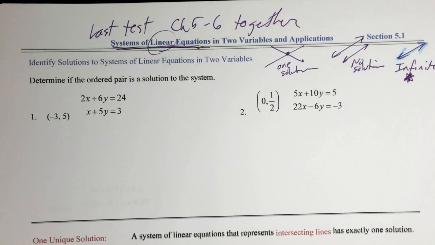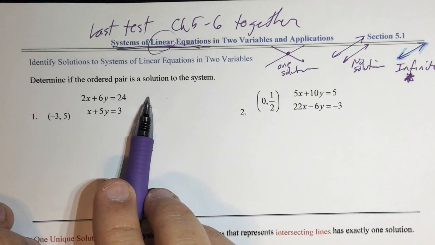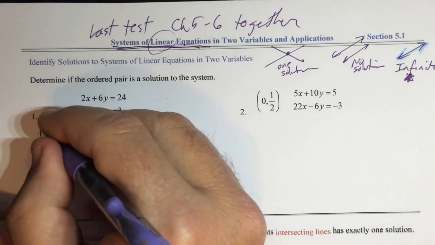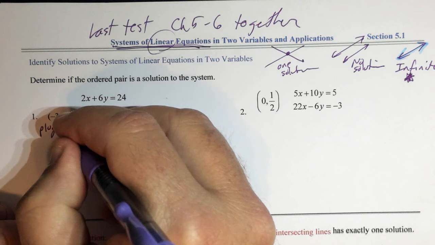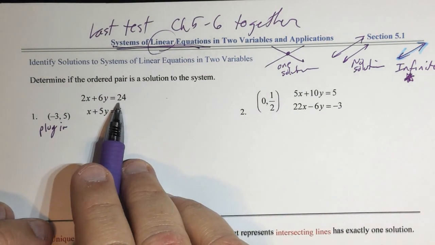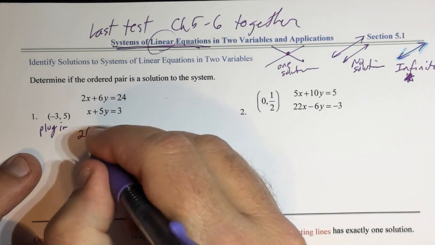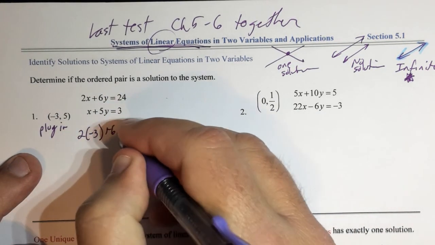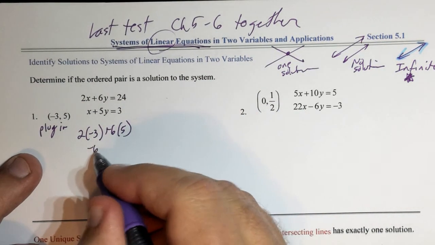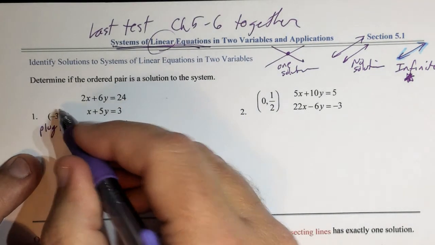Now, how do we tell if an ordered pair is a solution? Well, there's a couple ways to do it, but the easiest way is just to plug in both and see if you get the same answer. So if I plug the negative 3 and the 5 in, that's 2 times negative 3 plus 6 times 5, which is negative 6 plus 30, which is 24. So far, so good.